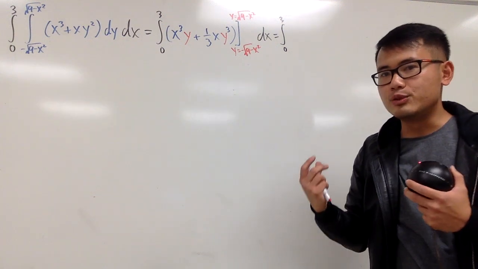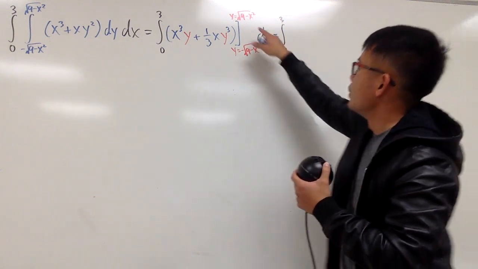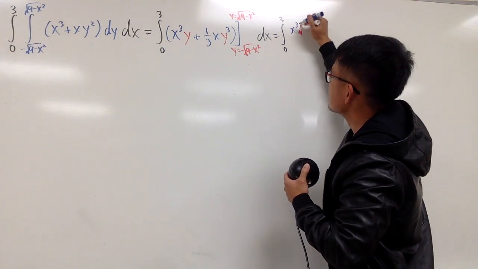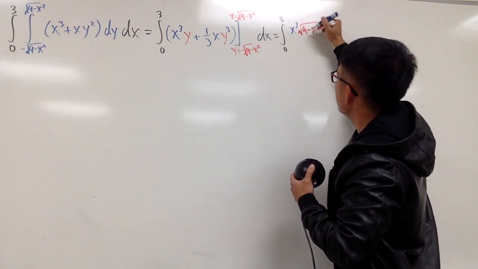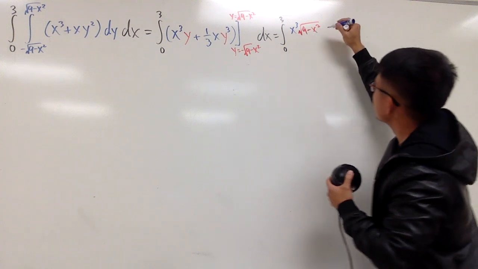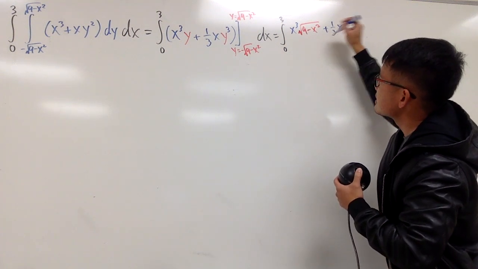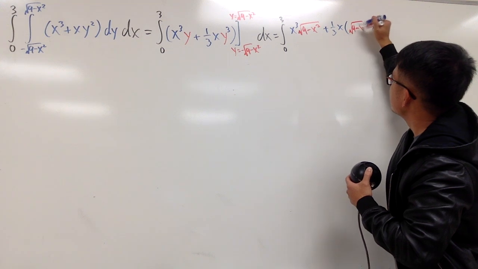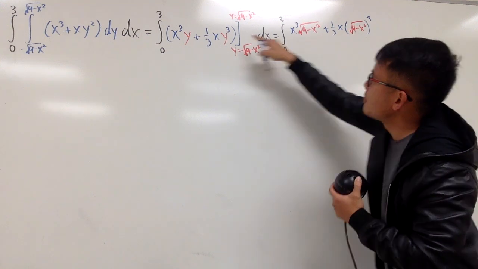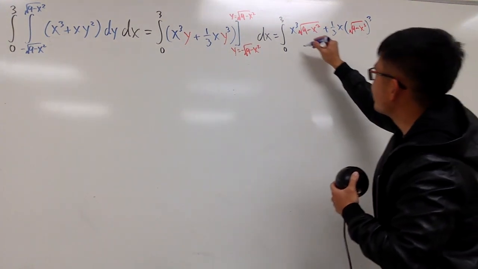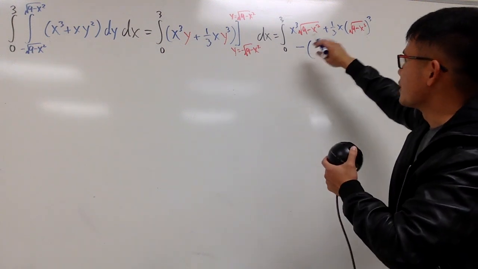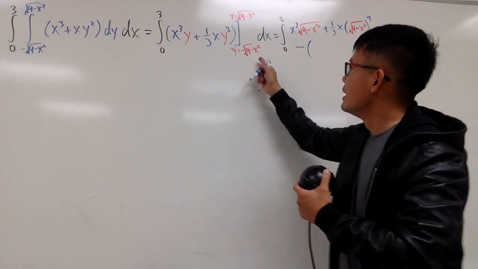And you will see something is really bizarre, because when you plug in this right here, we will first have x to the third power times the square root of 9 minus x squared, and then plugging in this right here, we have plus 1/3 x times the square root of 9 minus x squared in parentheses to the third power, and then we have to minus. I know you can just ignore the second part and multiply by 2, but let me just show you.